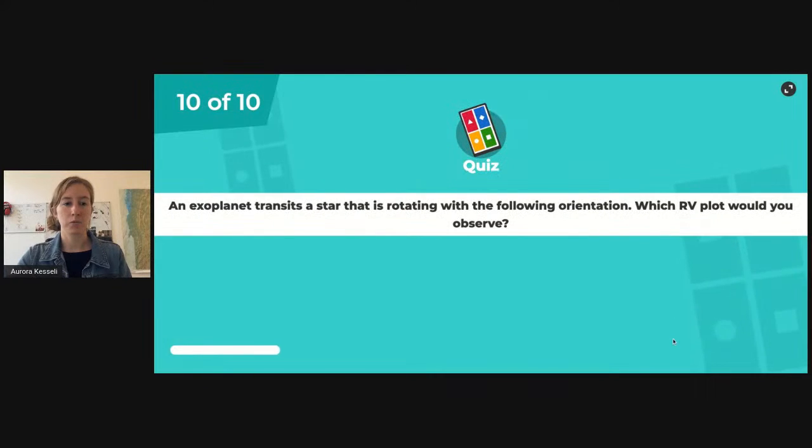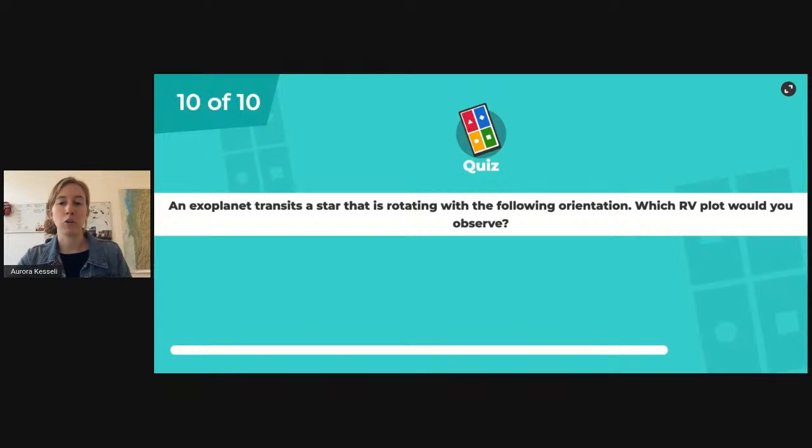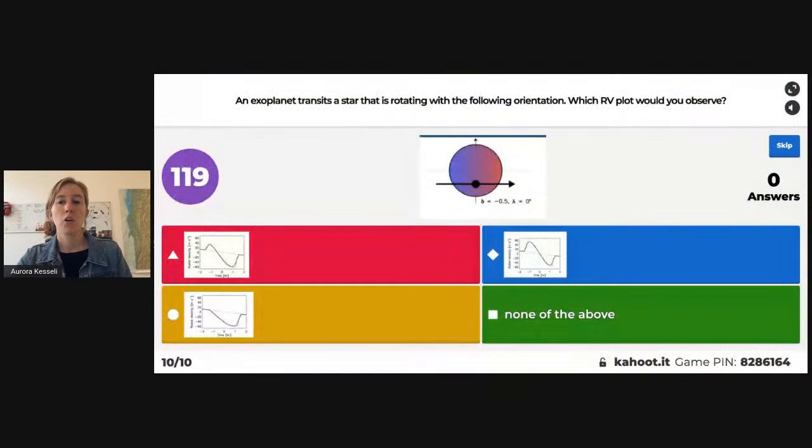Okay, and this is the last one. An exoplanet transits a star that is rotating with the following orientation. So there'll be a picture. Which radial velocity plot would you observe? This one's harder, so I gave you more time so you can look at them more closely.